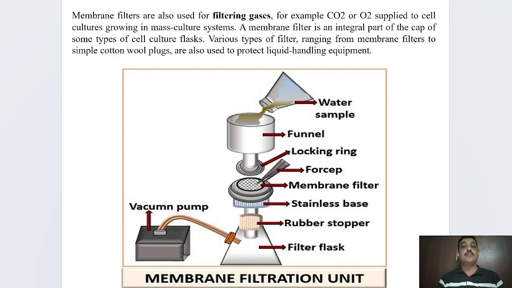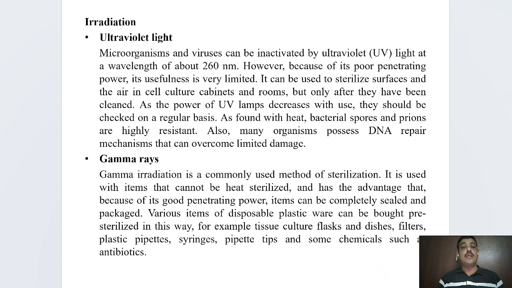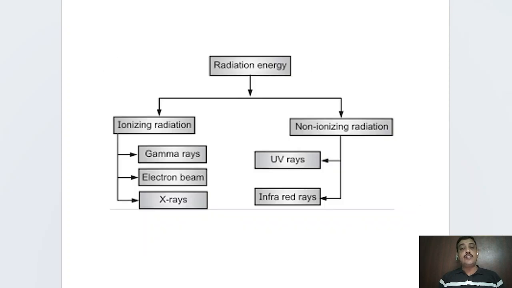We had discussed cellulose acetate as well as PVDF membrane, and the last class we had discussed membrane filters. Right. So in today's class, we will be discussing one more type of sterilization, which is with the help of irradiation. So again, irradiations are of multiple types.